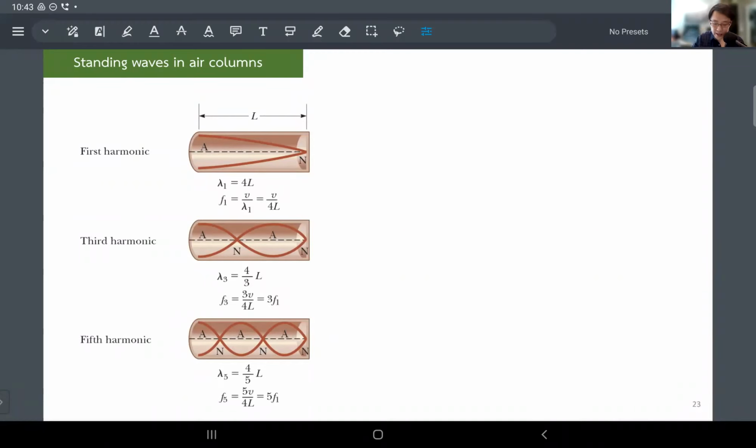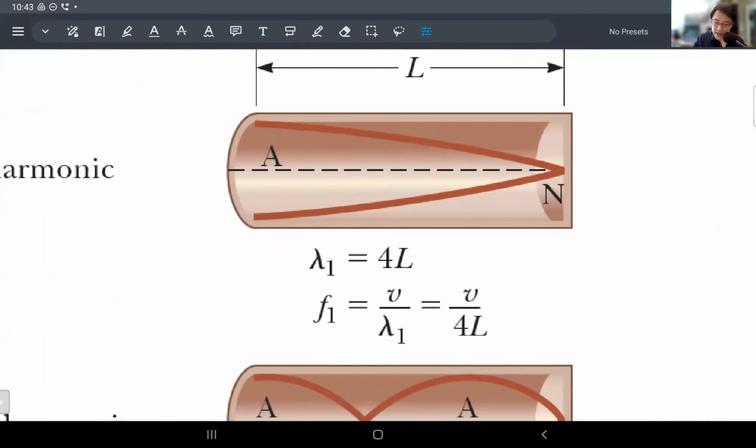So the key is that the wave in the tube is a sound wave, and the sound wave is just the oscillation of the particles. At the closed end of the tube, the molecules are stuck on the wall and cannot move. There's no way they can travel.